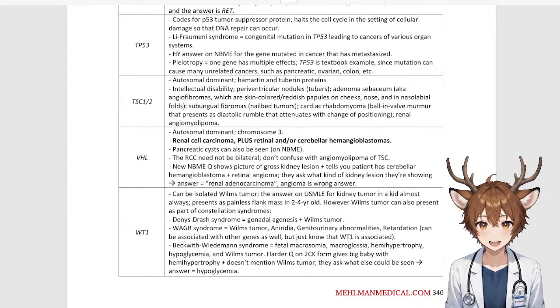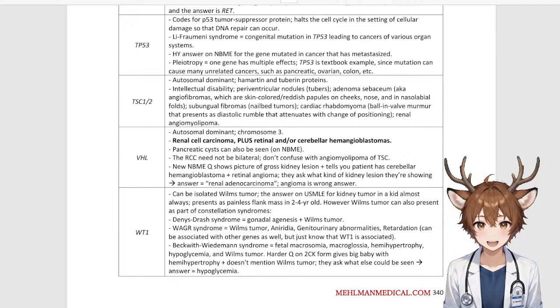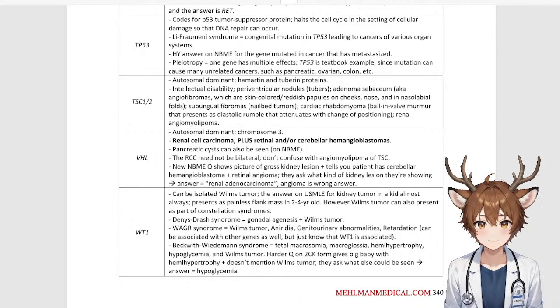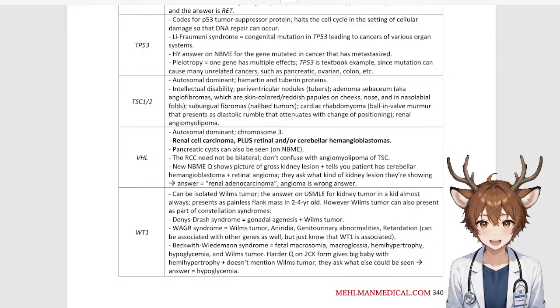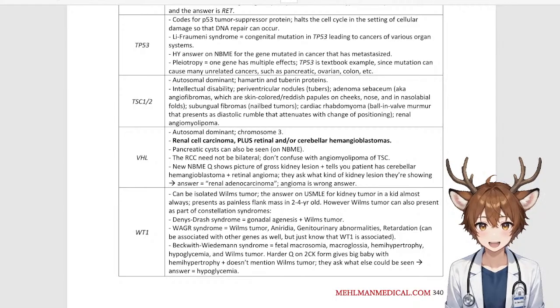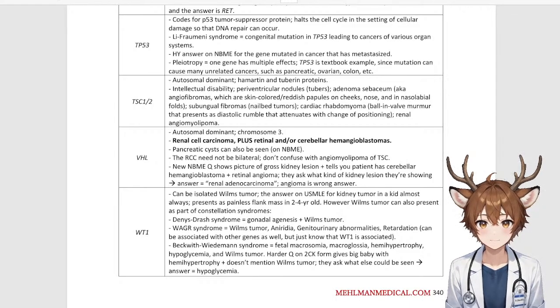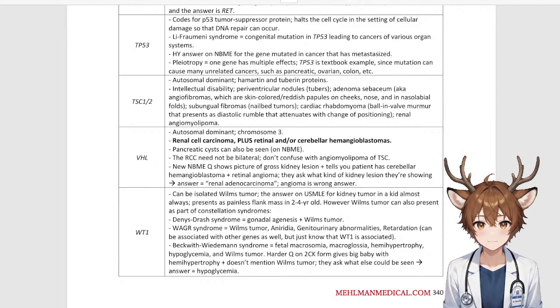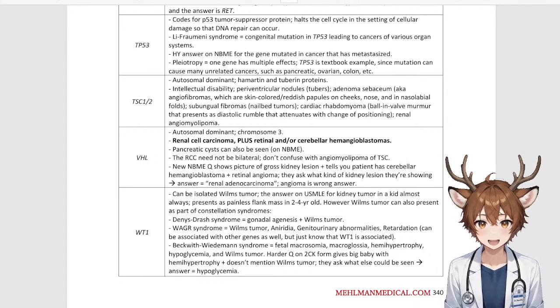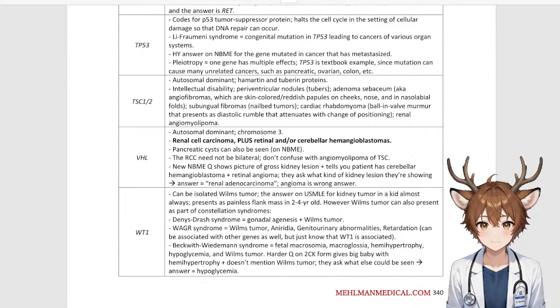Let me just confirm something. Von Hippel-Lindau syndrome. I looked it up. They don't mention the words von Hippel-Lindau in the PDF at all, but von Hippel-Lindau syndrome is a rare inherited genetic disorder affecting about 1 in 36,000 people. It's caused by a mutation in the VHL tumor suppressor gene, leading to the growth of both non-cancerous cysts and cancerous tumors in multiple organ systems.